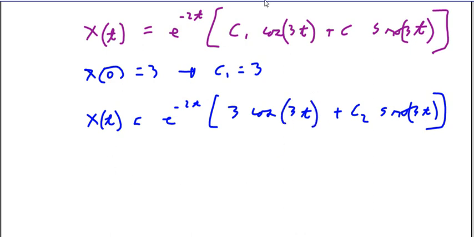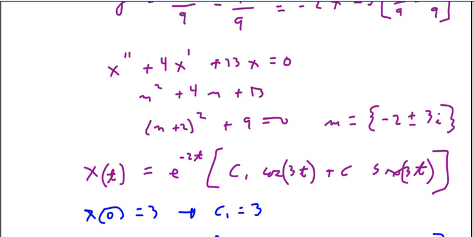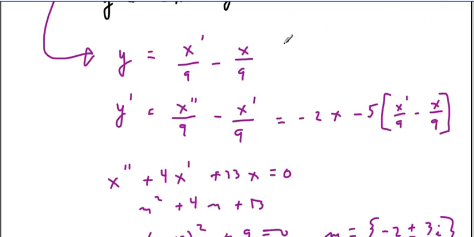And we said that y was equal to x prime over 9 minus x over 9. Did we not? Yes, right there.